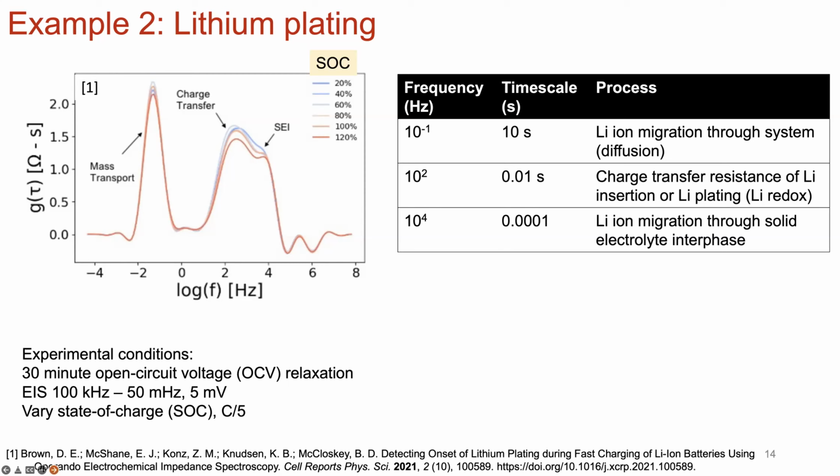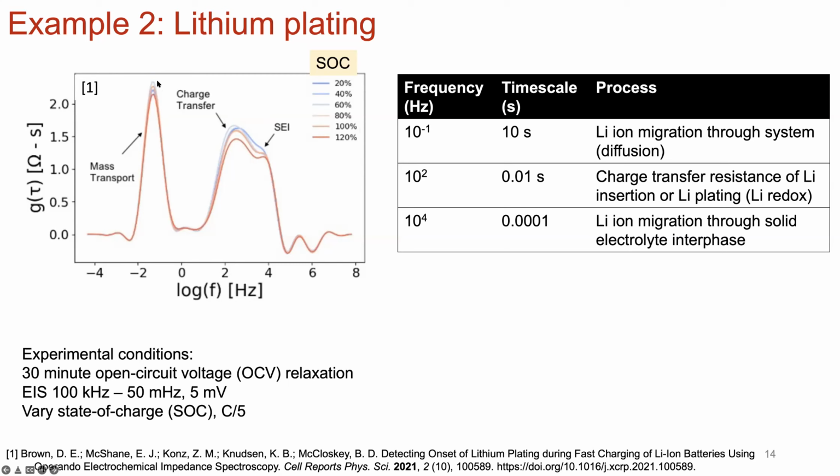Okay, now the cycling rate here is C/5, so that's relatively slow for this particular study, right? When we talk about fast, we're talking about at least 1C, and this study goes from 2C all the way up to 6C. Okay, but just looking at a slow rate, we already see some trends in terms of state of charge between 20 and 100, right?